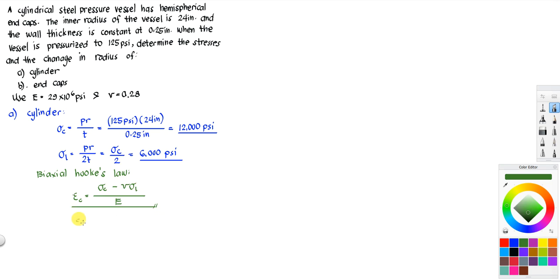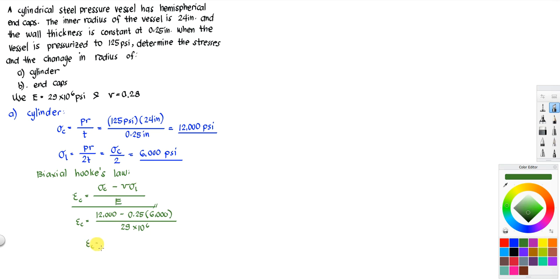Okay. So, to get for that, we will be having circumferential. We have 12,000 minus the Poisson's ratio of 0.25 multiplied by 6,000 all over the E, which is ilan yung binigay natin? 29 times 10 to the 6.